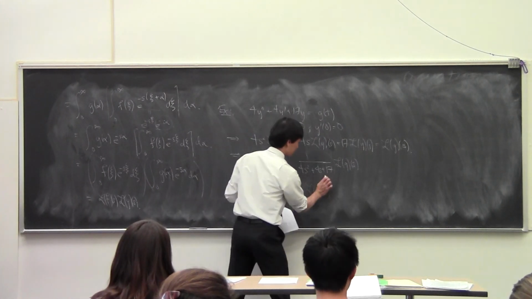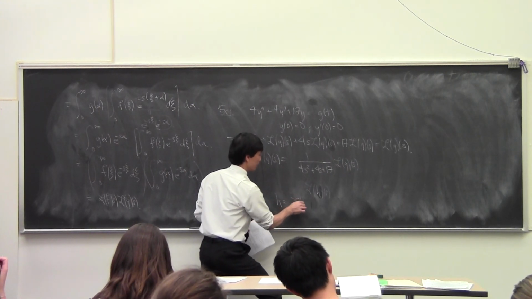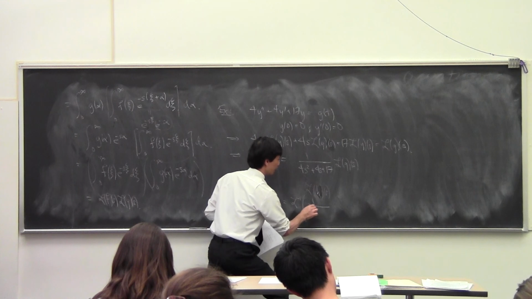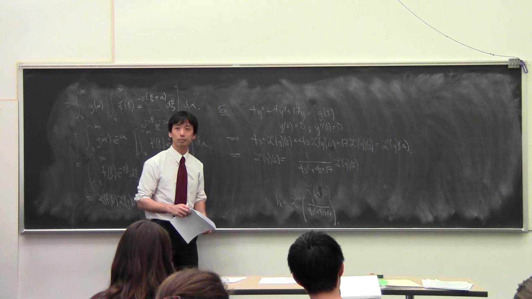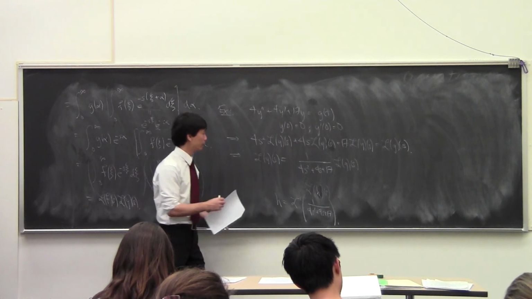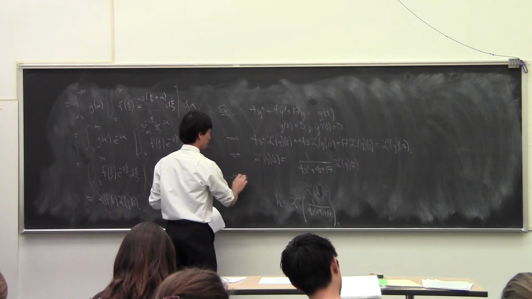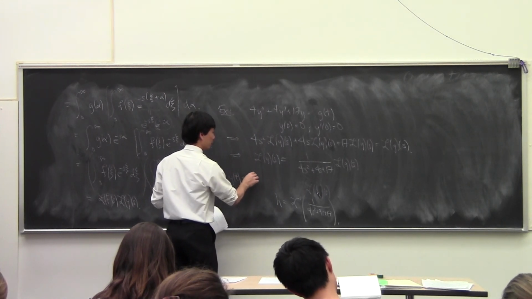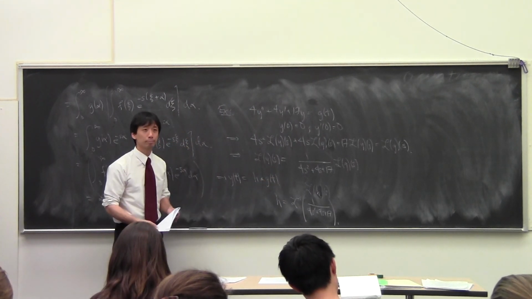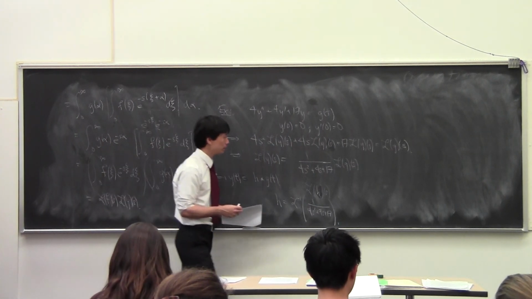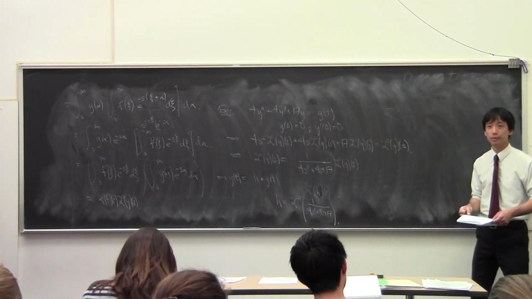Whatever this is, let's call this thing h, where h is the inverse Laplace transform of 1 over (4s² + 4s + 17). So we know what y is. y is just going to be the convolution of h against g. And so the only thing we need to do is figure out what the inverse Laplace transform of this is.